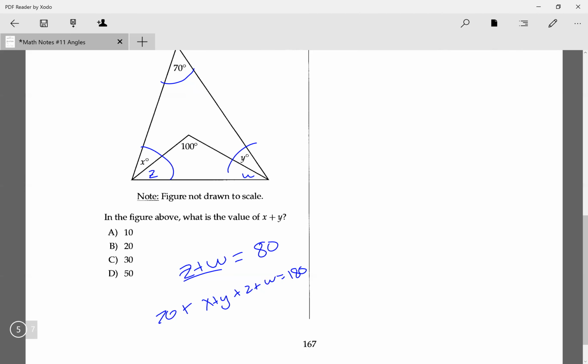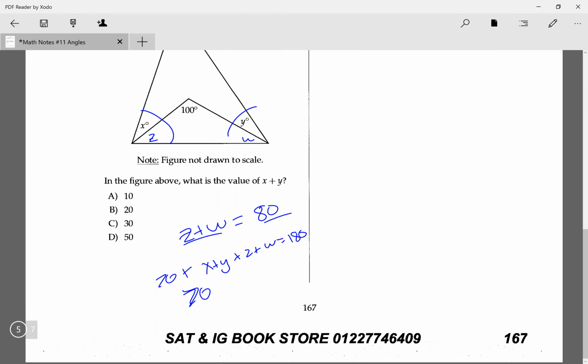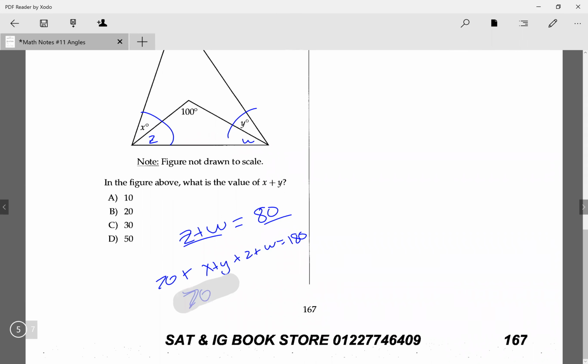So now I can plug this in. Let me just rewrite that. It would be 70 plus 80, which is z plus w, plus x plus y equals 180. And I subtract, so x plus y equals 180 minus 150, which is 30. So the answer is C.